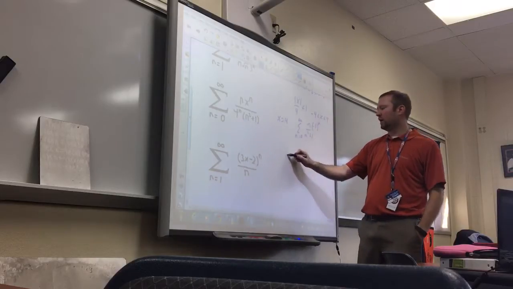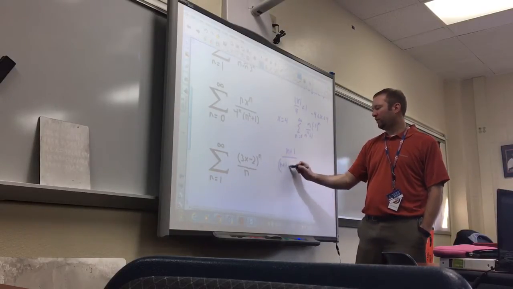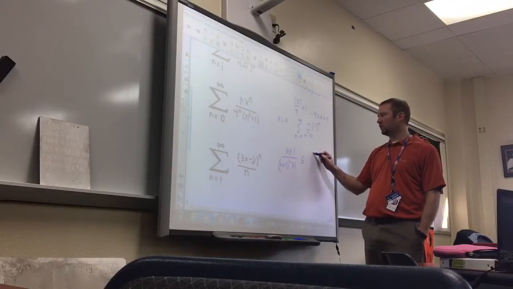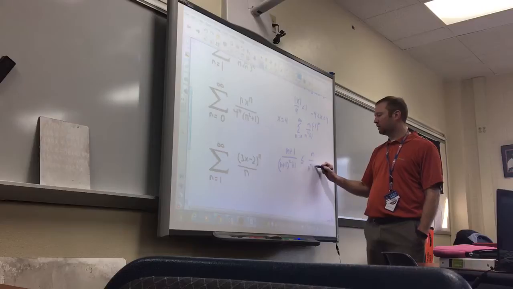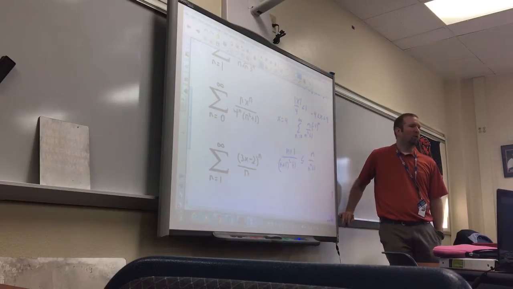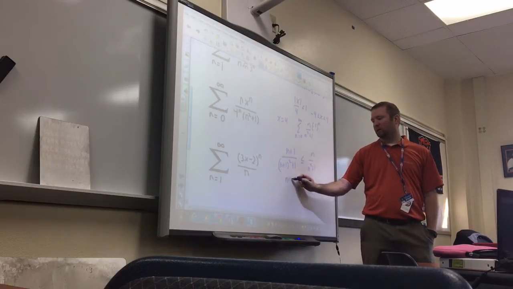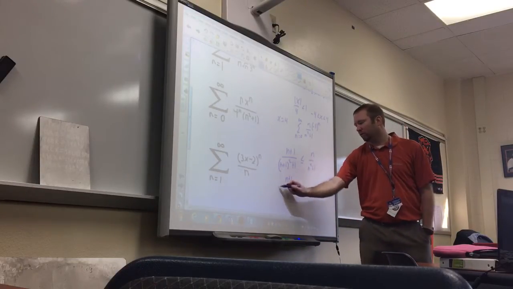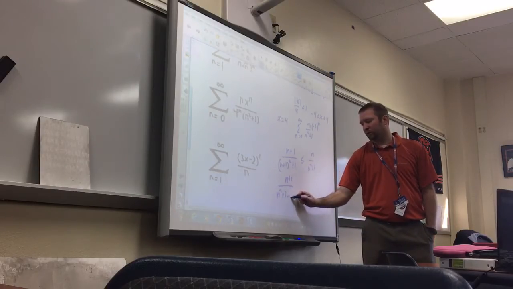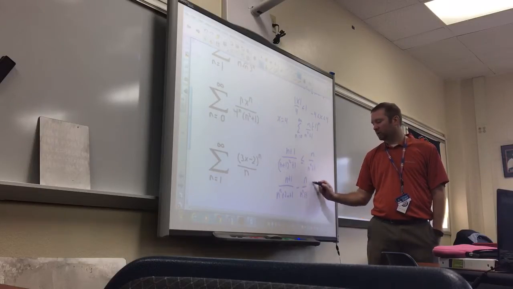You can look at n plus 1, and we have a little bit higher expectations, so I've got to show that this is always less than or equal to n over n squared plus 1. That's my goal. So I'd have to show that (n plus 1) over (n squared plus 2n plus 2) minus n over (n squared plus 1) is less than 0.